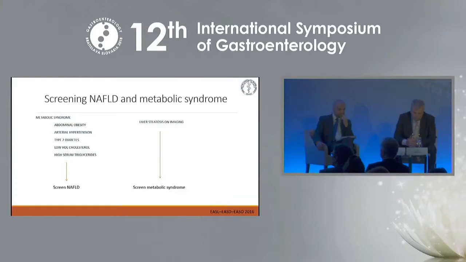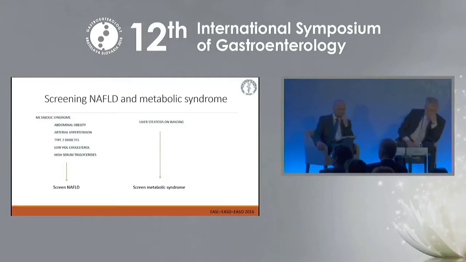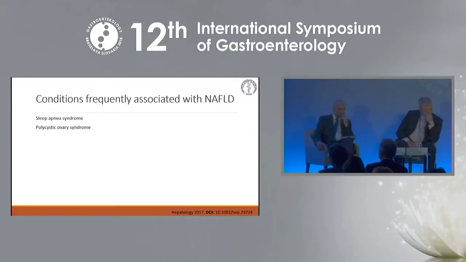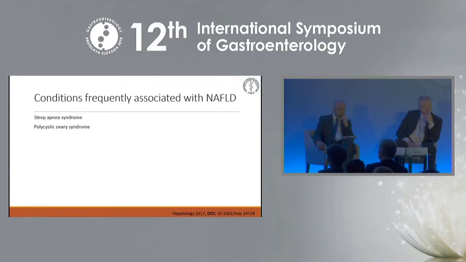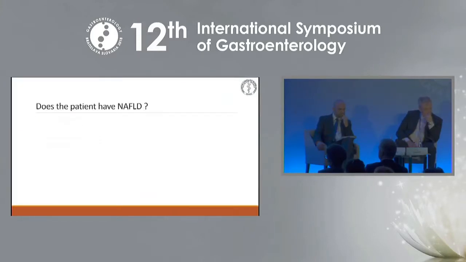If we accidentally find some steatosis on imaging studies, it should also lead us to screen for the metabolic risk factors. There are some other conditions where I think it is reasonable to look for liver fat, such as sleep apnea syndrome and polycystic ovary syndrome, and probably many more. In these conditions we should also be aware and maybe look for fat in the liver.